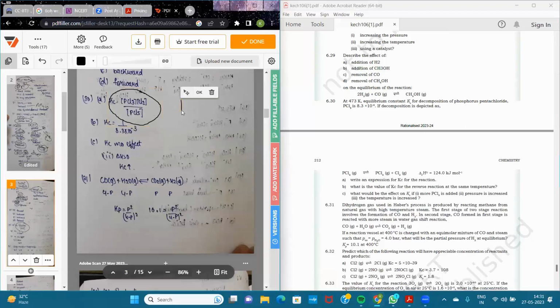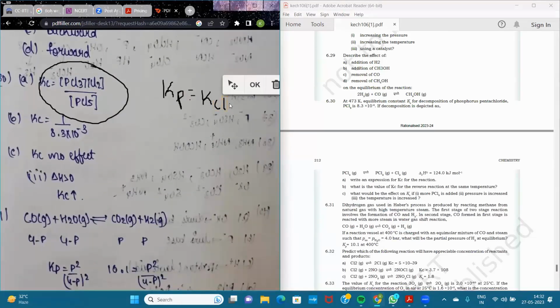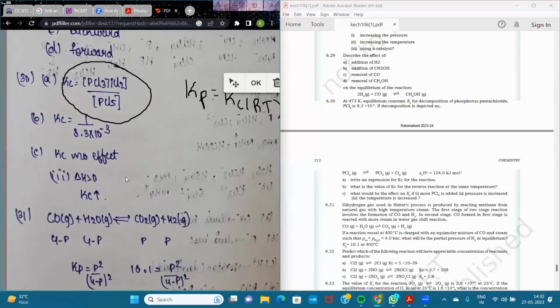Or we can write from the relation between Kp and Kc as well. Both are same. Kp equals Kc into RT power delta Ng. As delta Ng in the given reaction is 1, we'll directly write the power as 1. We can either use these two expressions.